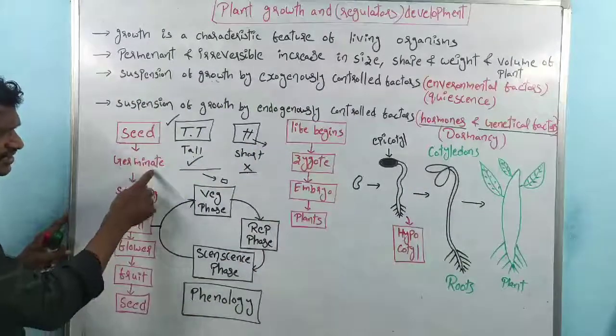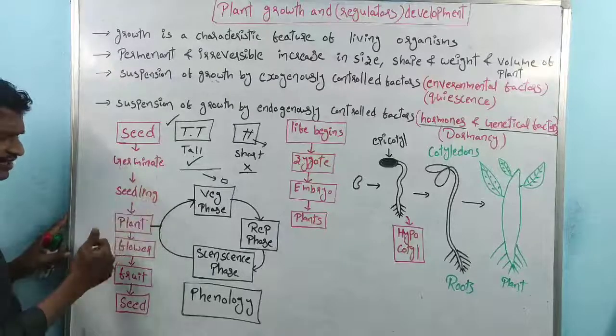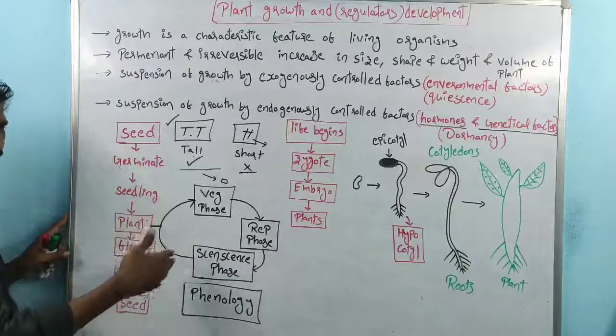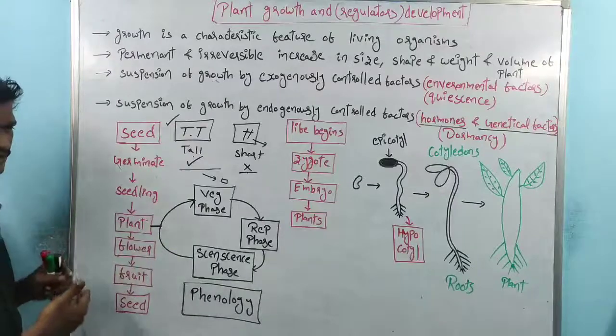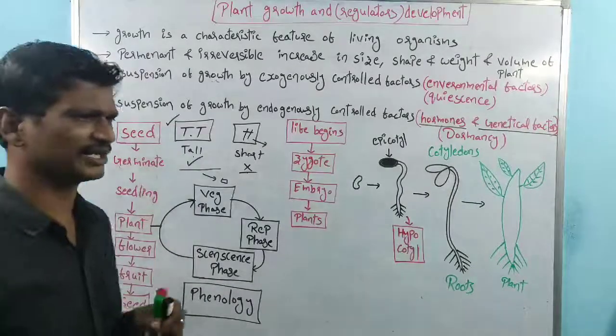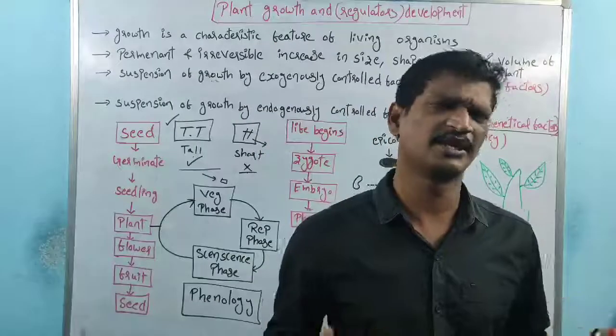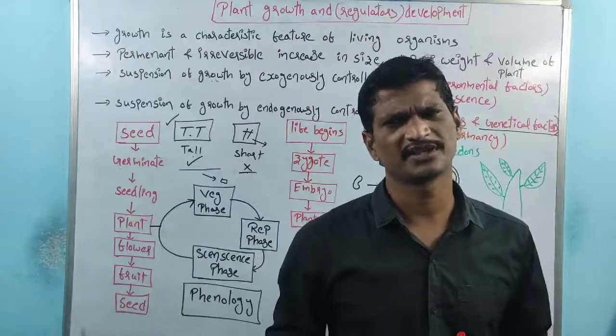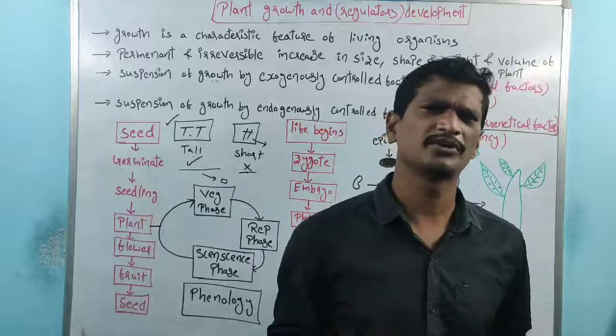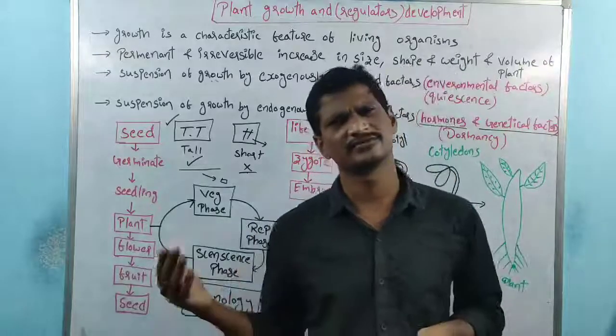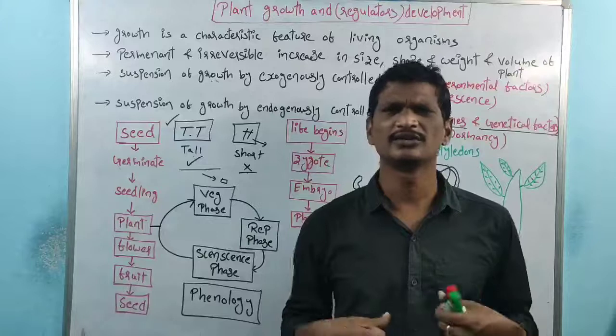And see here there is a seed and the germination process, that is nothing but a seedling. Then the plant is there. We already discussed the different phases of the plant life cycle. Before the flowering, any plant develops the body parts, right? That phase is called the vegetative phase.